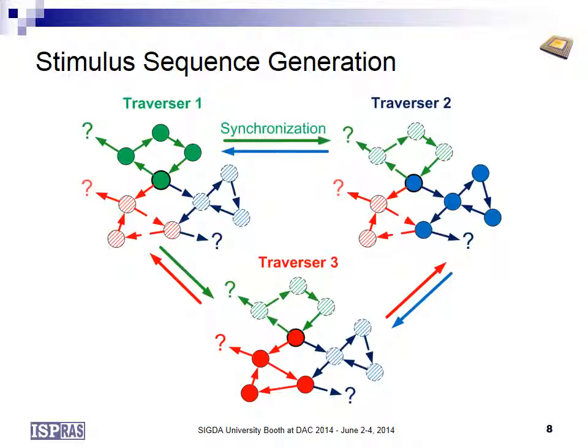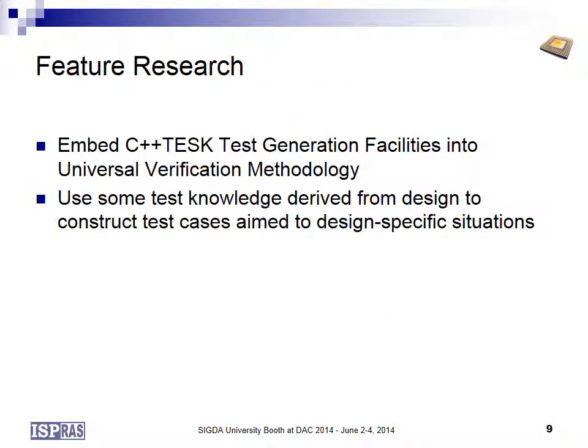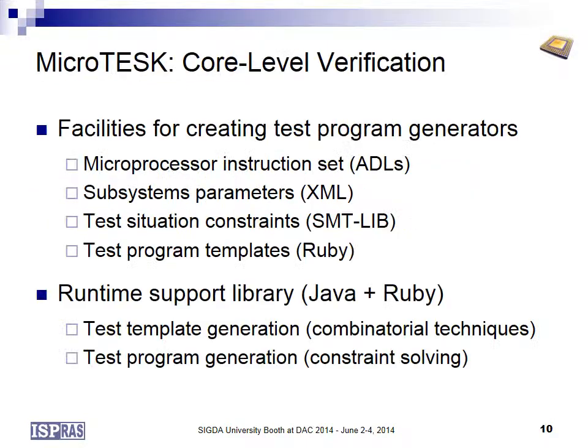Exploration can be done by several stimulus generation engines synchronizing with each other during their work. C++ TESK future research includes integration of C++ TESK into UVM and usage of test knowledge provided by a static analysis tool to make directed tests.